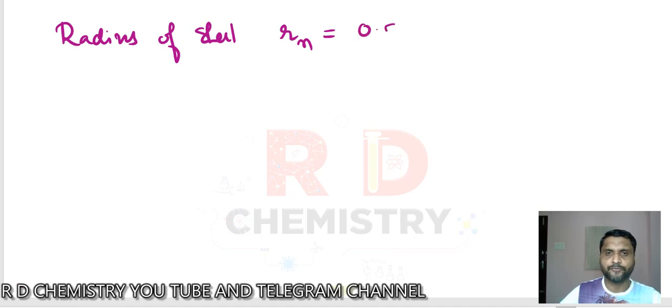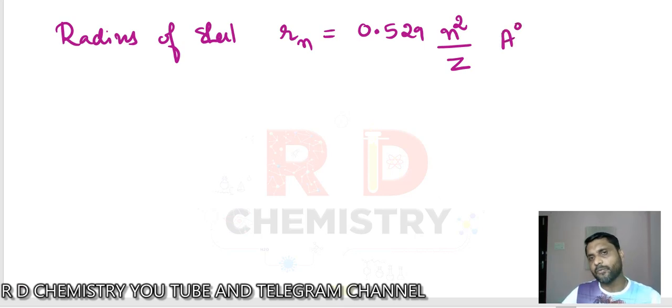We have the radius of the shell. Radius of any shell, radius of the orbit. Let me write rn = 0.529 into n square divided by Z, where n stands for the shell number and Z for the atomic number, in terms of angstrom units, which can be converted if required to picometers, nanometers, meters, all those things.